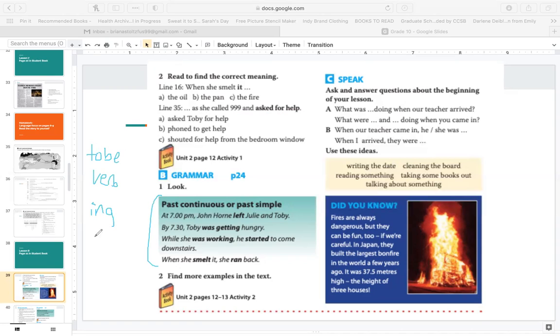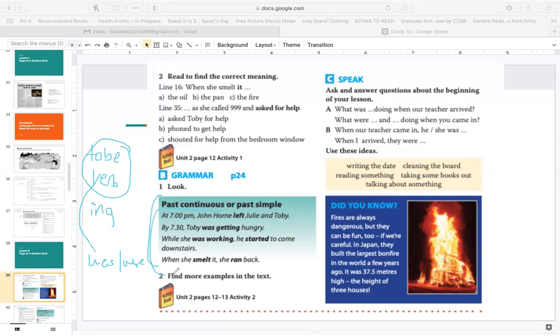In this case, the to be verb is in the past, so that would be was or were. You could say, I was watching TV. I was sitting. She was outside would be past simple. We could say she was walking outside. That would be past continuous.